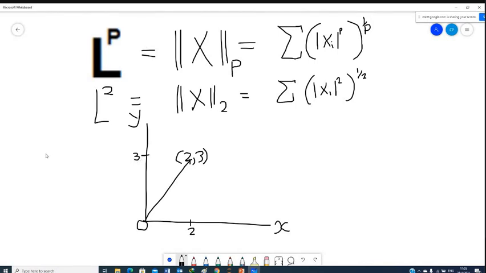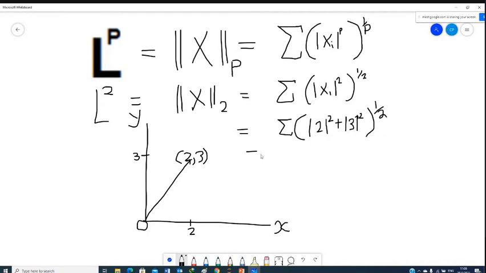So then the L2 norm of this vector is equal to the summation of the modulus of 2 squared plus the modulus of 3 squared, and we take then 1 over p, which is 1 over 2.